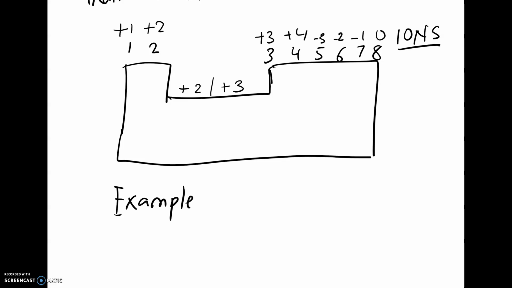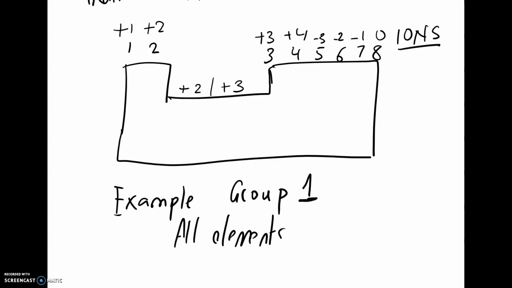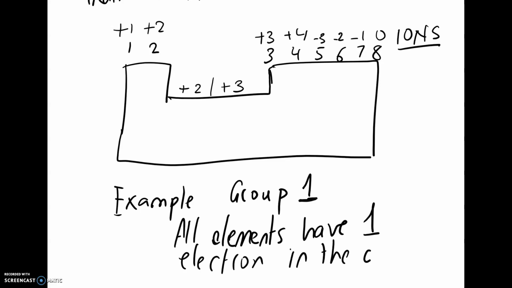For example, if we look at group 1, group 1 has all elements that have 1 electron in the outer shell.